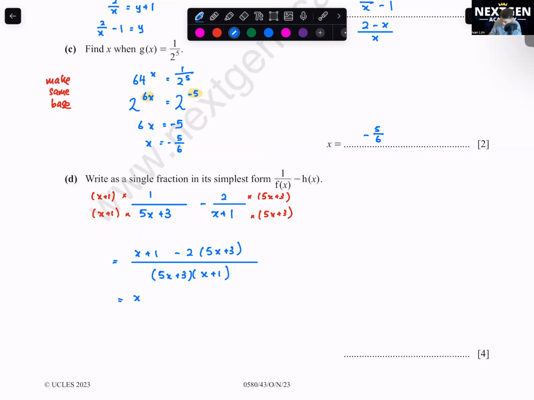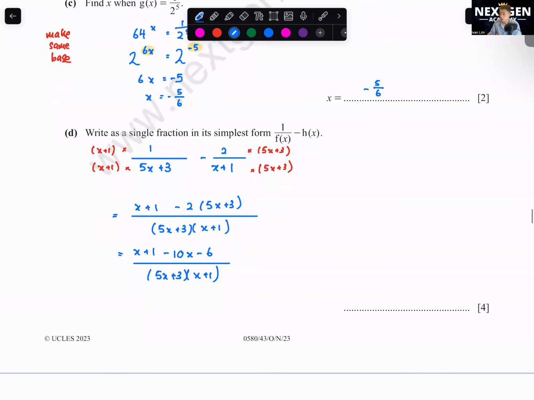Okay, so here will become x plus 1 minus 10x minus 6 by 5x plus 3, x plus 1. And your final answer, you write it as negative 9x plus 7 or 7 minus 9x. Okay, bottom we just leave it like this. Minus 9x plus 7 over 5x plus 3, x plus 1.